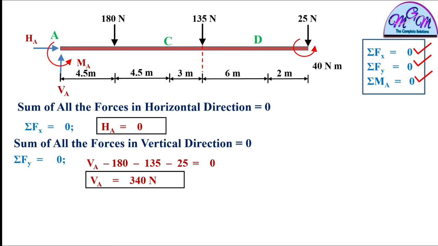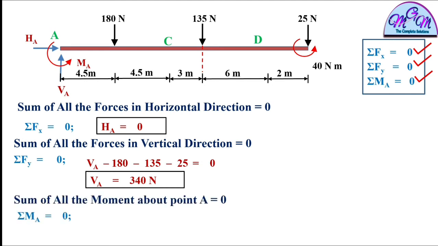Now the next equation is summation of moment equals 0. Here we are writing the equation of moment about point A. So the force which is passing through point A will have moment 0, because the line of action of these two forces passes through point A itself. So the perpendicular distance for these two forces will be 0, so the moment of these two forces will be 0 about point A. So the remaining forces are 180 Newton, 135 Newton, and 25 Newton.